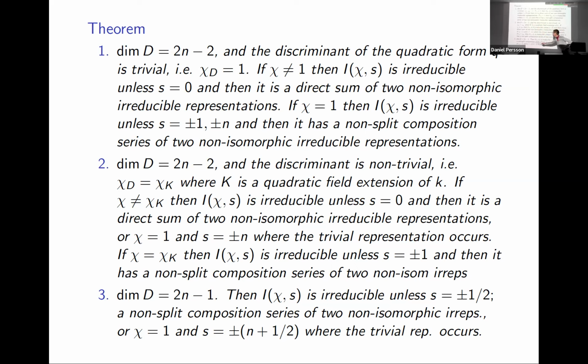And in the odd case, you have reducibility at halves. So one positive point of reducibility, or two of them: one where the trivial representation happens, and one inherited from the SL2 or SL2 tilde case.